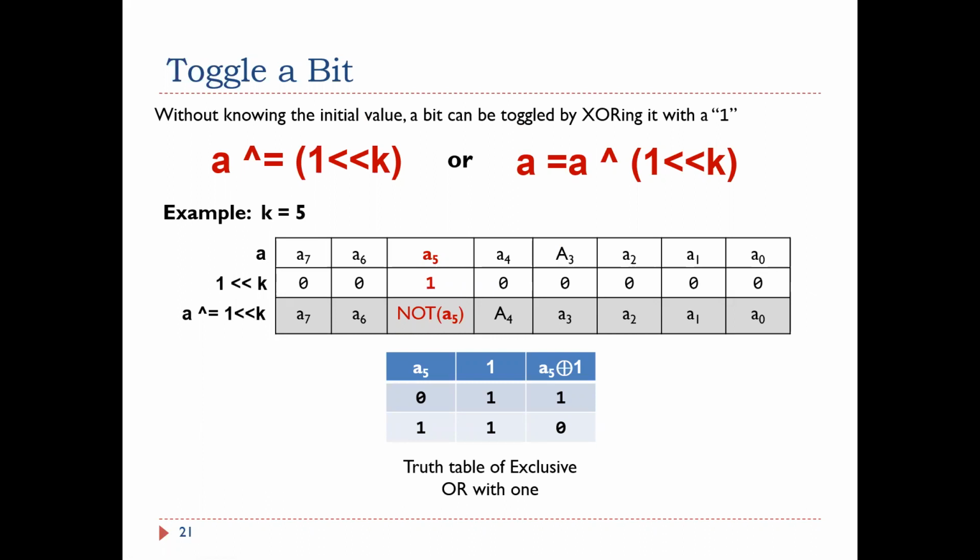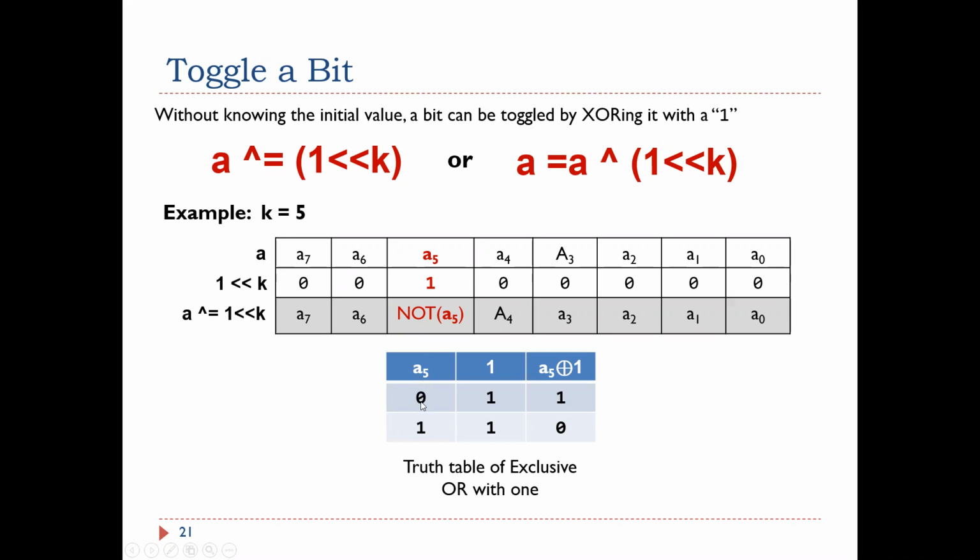Okay, so the next one that we are going to see is toggling a specific bit. The meaning of toggle is, if it is 0, then we are going to set it to 1. If it is 1, we are going to make it 0. So that's the meaning of toggle. So here you can see that we have A0 to A7, and we are interested in toggling A5.